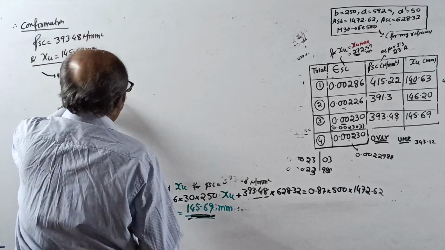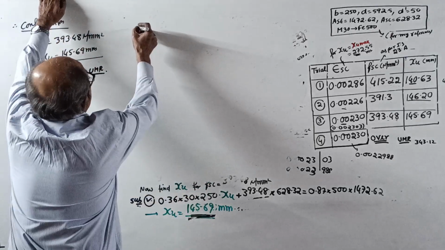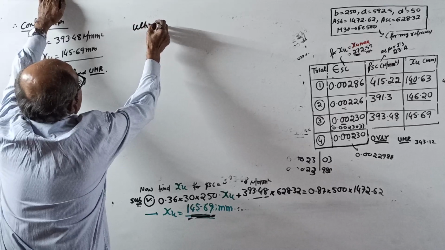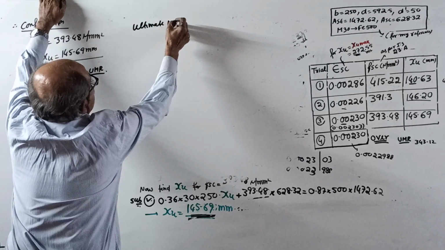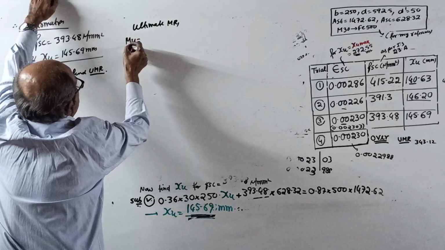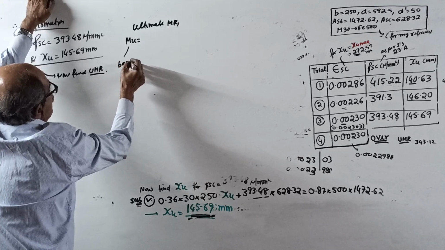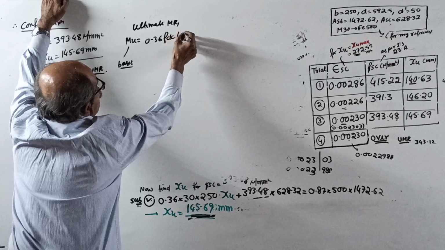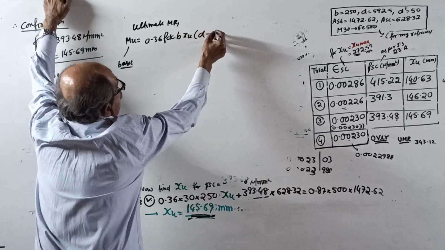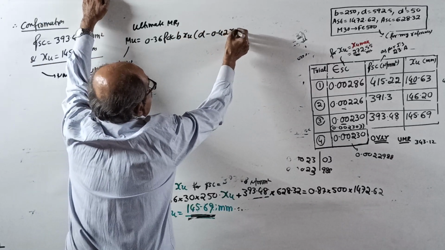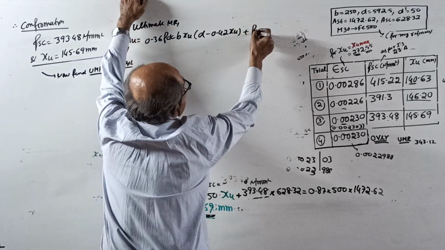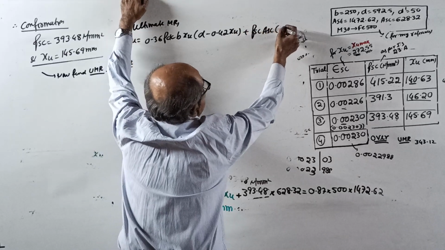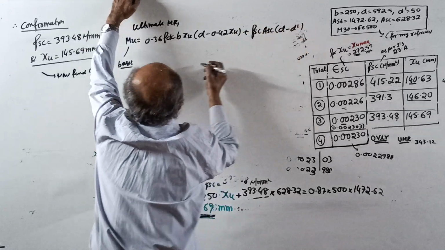Now find ultimate MR. Ultimate MR of the given cross section, mu. Using the basic equation, it is 0.36 fck b xu (d minus 0.42 xu) plus fsc Asc (d minus d dash).